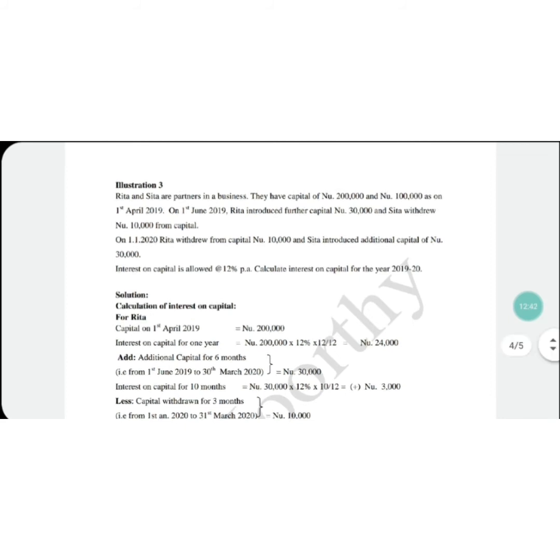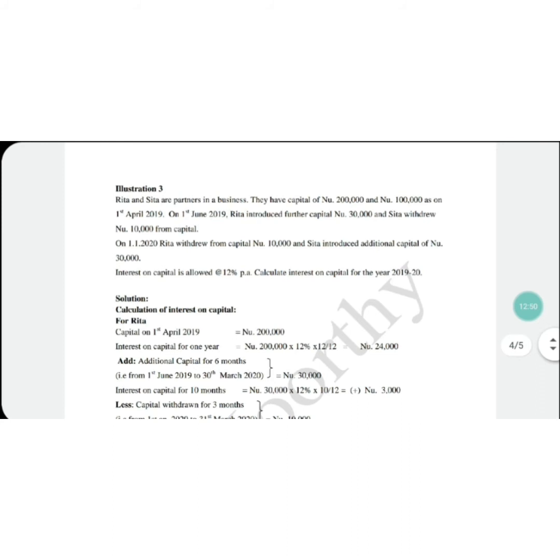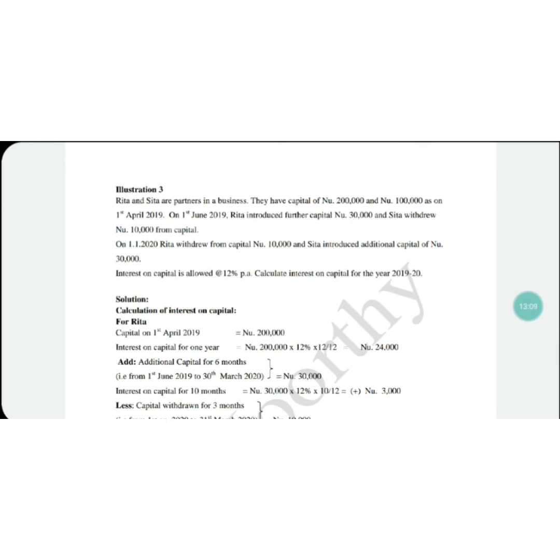So how much additional capital has been introduced by Rita? This additional capital was introduced on 1st June 2019 and the year ending is 31st March 2020. So from 1st June 2019 to 31st March 2020, how many months are there? It has to be calculated.